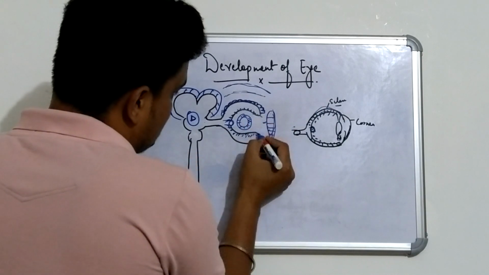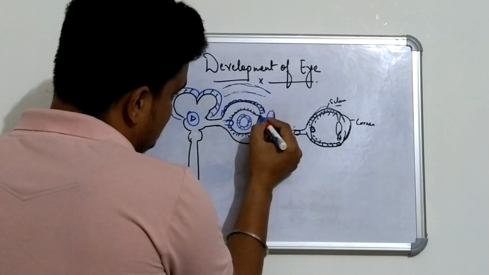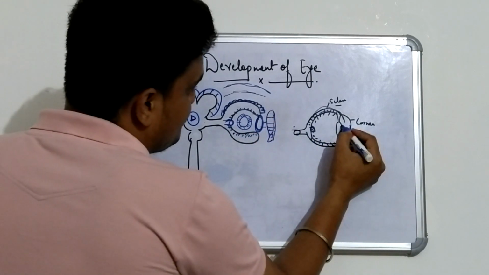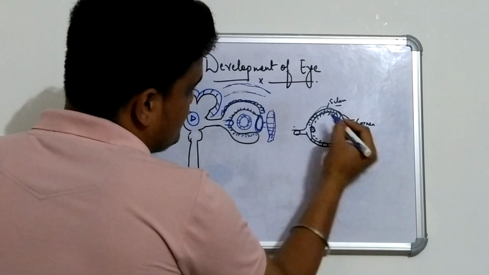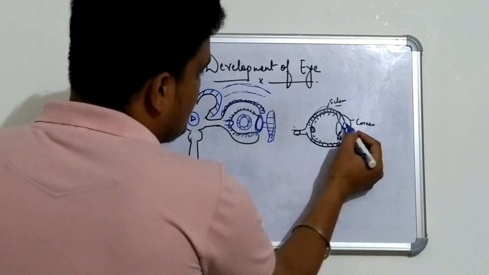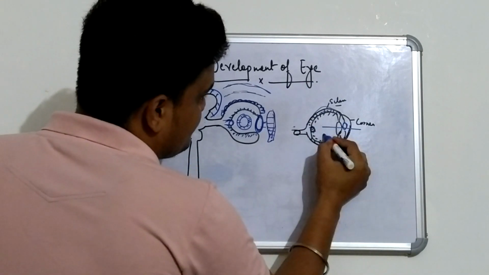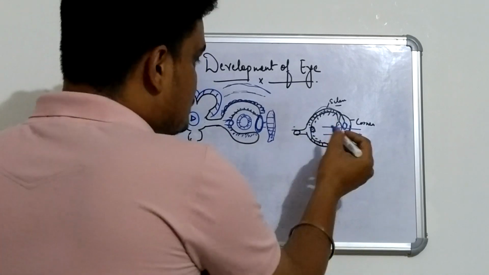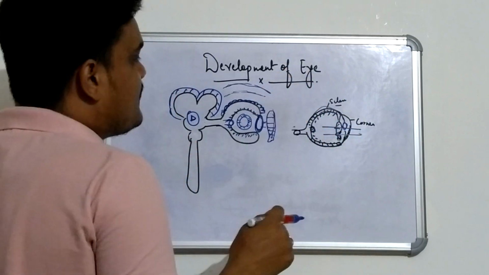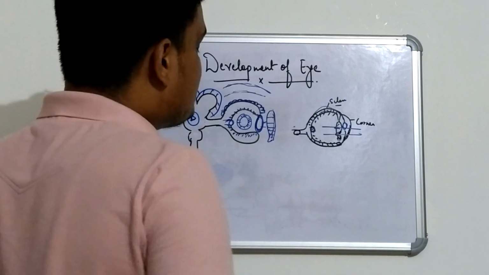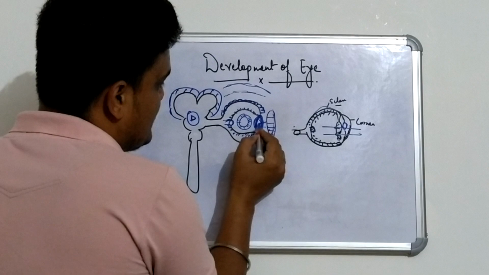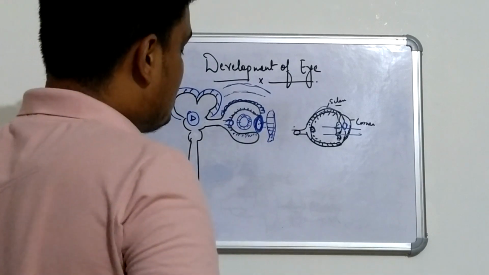And this gapping of this area will form the pupil, this one. This is the entrance point of light ray in the retina. So the area from where the light will pass is the aperture in between the iris, which is called as pupil.